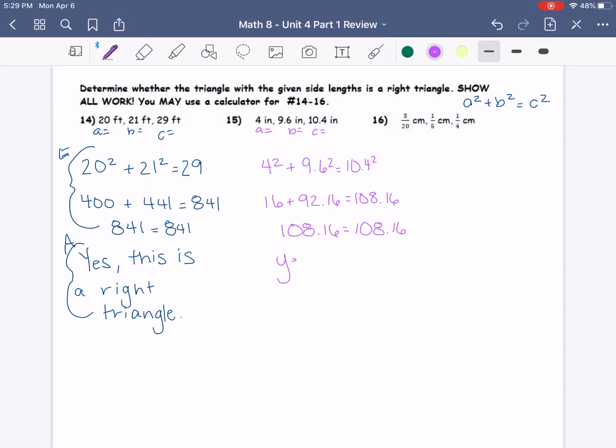And yes, this is a right triangle. Again, this work is your evidence, and this is your analysis.